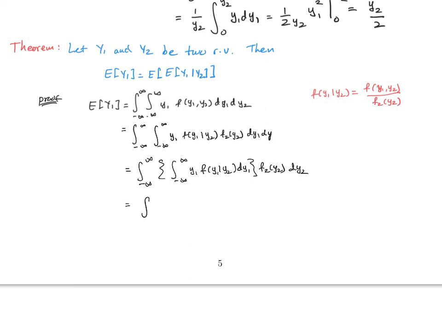So this equals the integral from minus infinity to infinity, and this becomes the conditional expectation of y1 given that y2 equals y2 times the density function. Okay. So therefore this is technically the expected value of the expected value of y1 given y2.